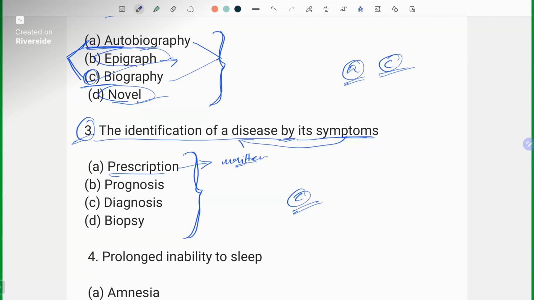That is prescription basically. Biopsy is collection of some cells or tissues from our body to examine in the lab. Between prognosis and diagnosis, diagnosis is the answer. Diagnosis is the identification of disease by its symptoms.